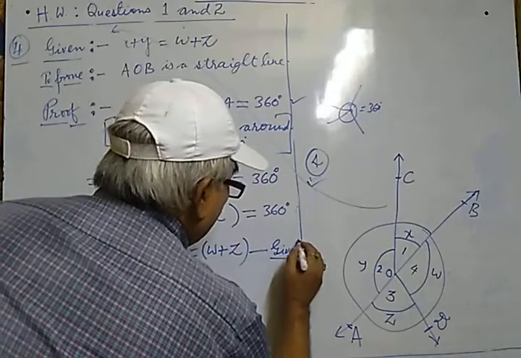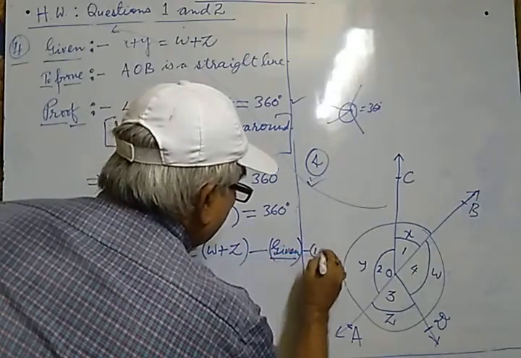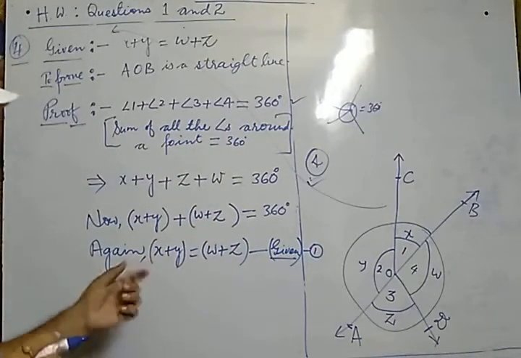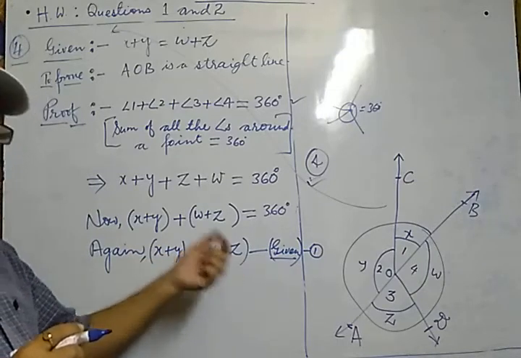Now this is equation number 1. Now pay your attention here. What is the meaning of this one, x plus y equal to w plus z?